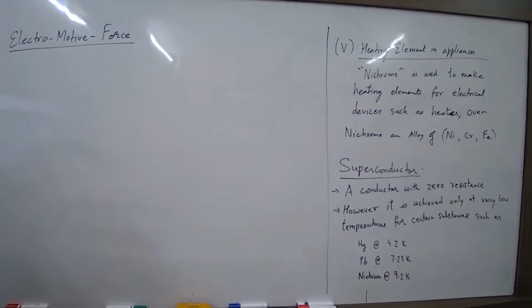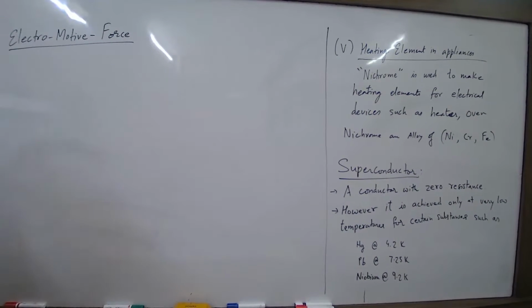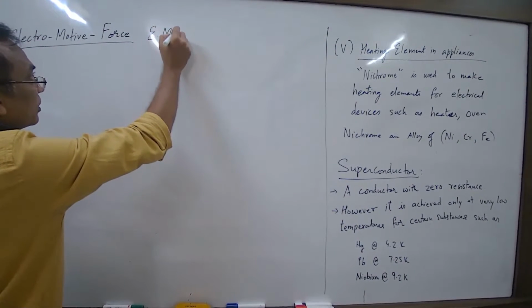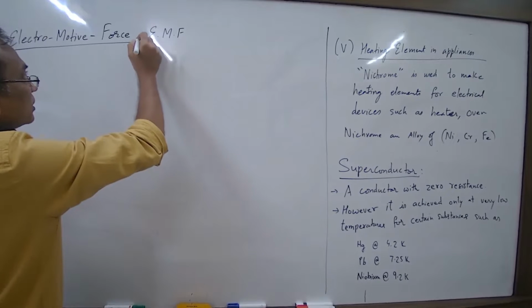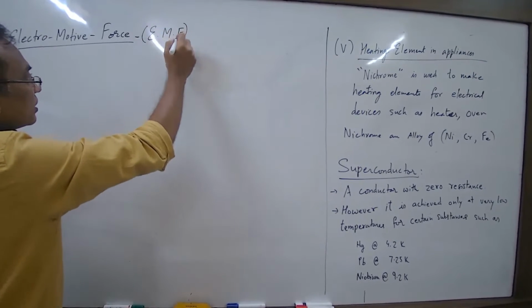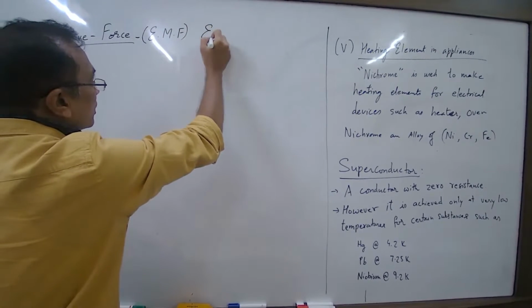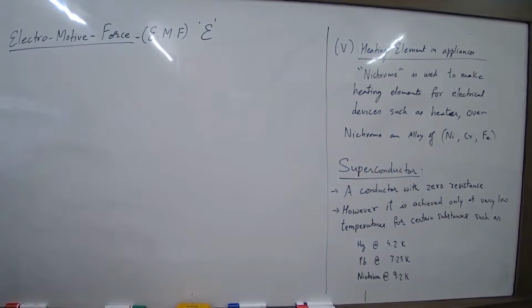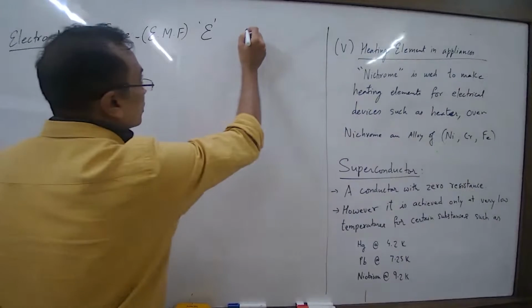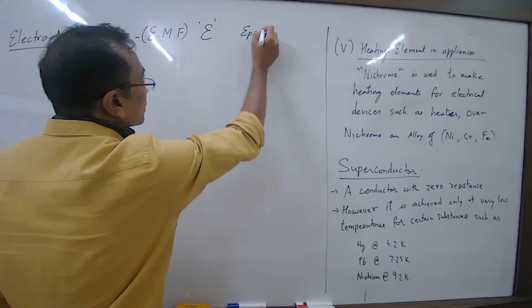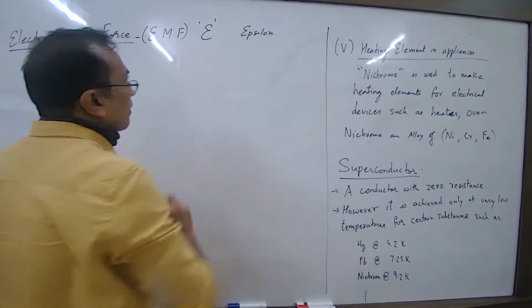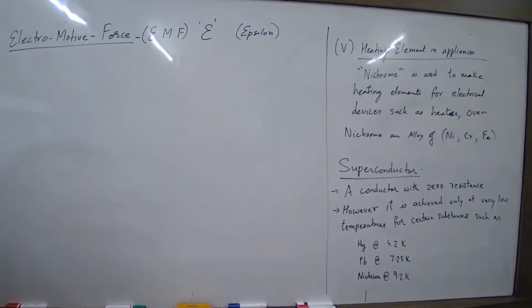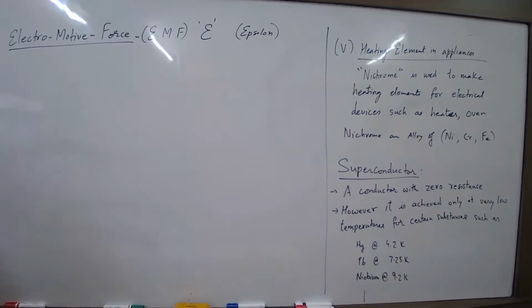First and foremost, the short form is EMF, and the symbol is epsilon, capital epsilon. This is how it is pronounced. So what is this EMF?